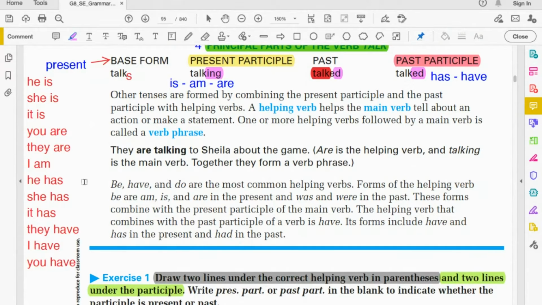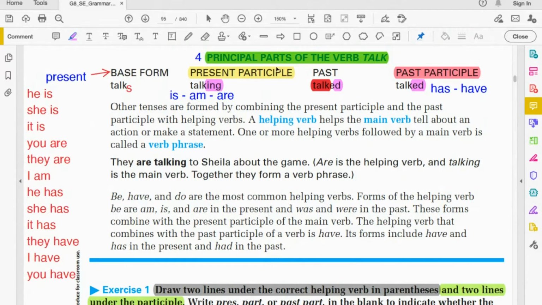These are the most common helping verbs that are used together with the present or the past participle. So we practice the same as what we have been doing in the past. I find my subject, and once I identify my subject, I can choose the correct helping verb and the correct participle form, one of the four principal parts of the verb.